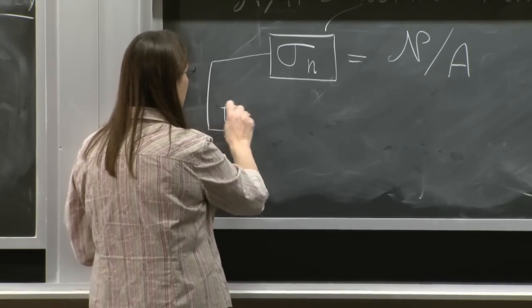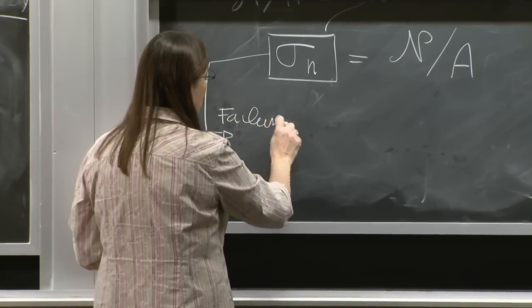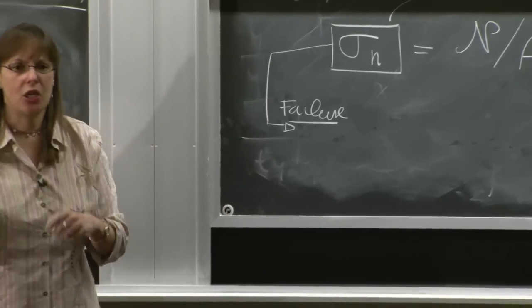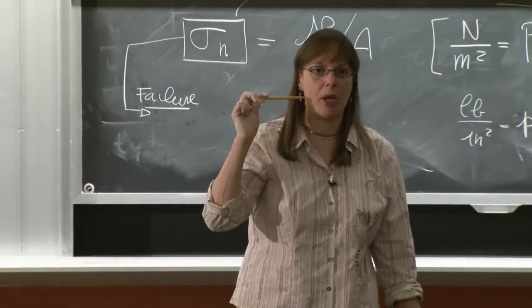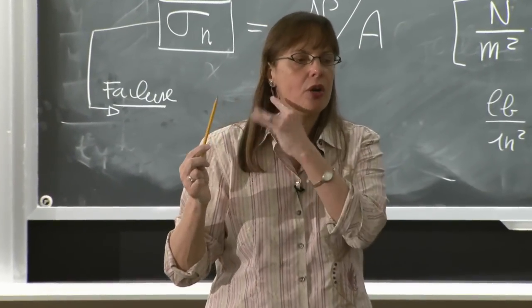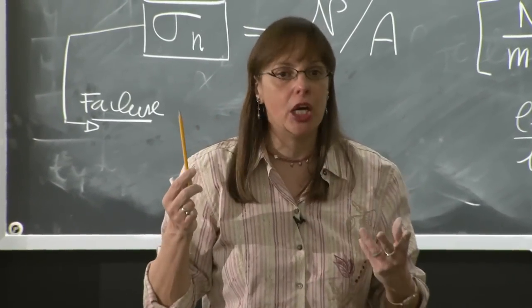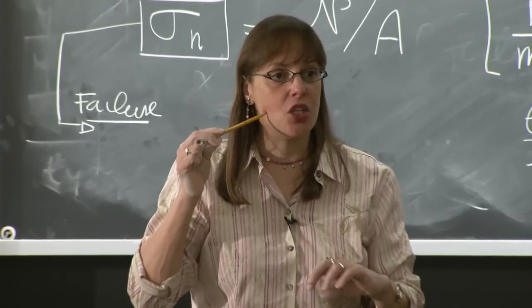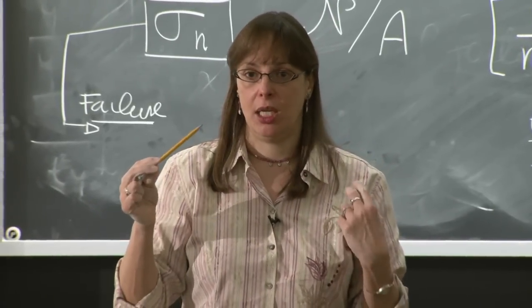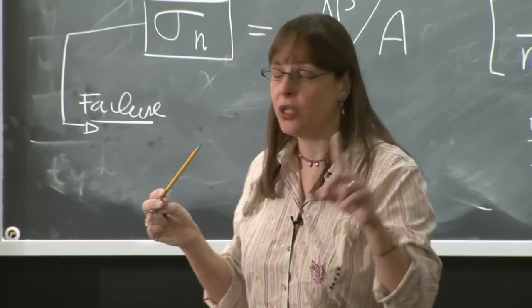So stresses, as I was saying, are very important because connected to stress is the possibility of failure. Right? Why does it hurt when I push with the pencil? Not when I push with the rubber end, but when I push with the tip. Because the nerves inside my body say, wait, it hurts, because you're creating damage. High stresses can create damage in a structure, and your nerves tell you that.